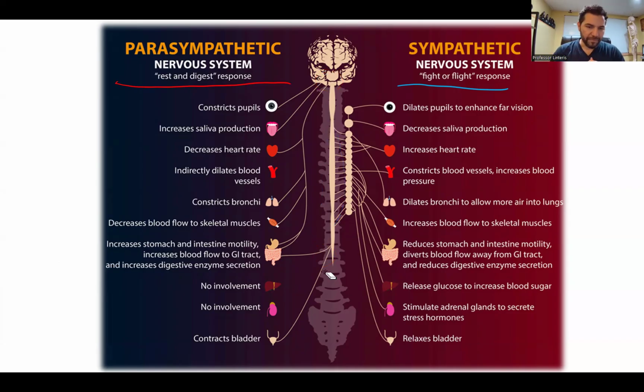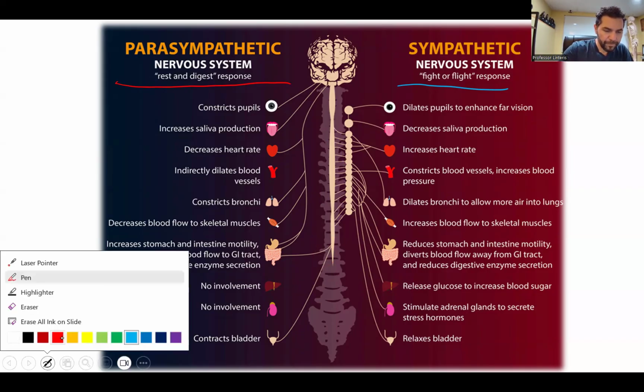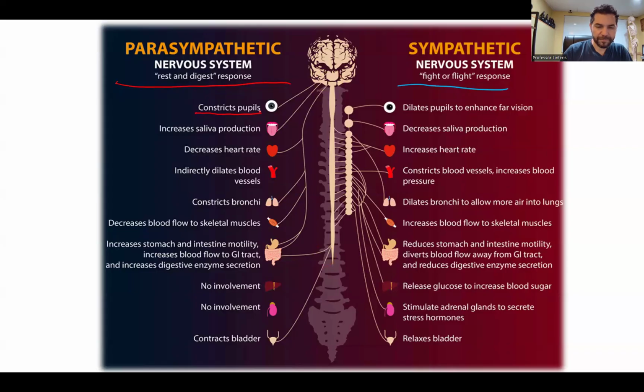What happens during the rest and digest? The pupils will constrict. Saliva production increases, important for digestion. Heart rate decreases. We're trying to slow everything down. We don't need to pump blood as fast.